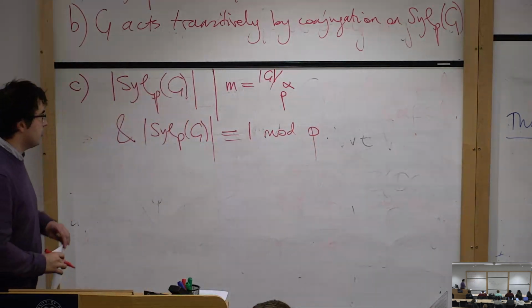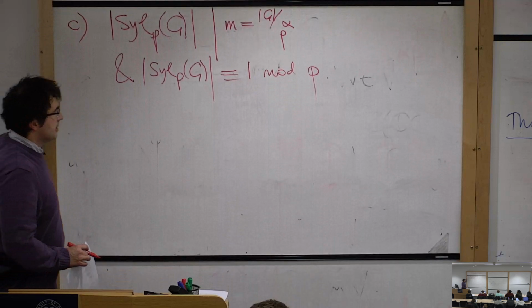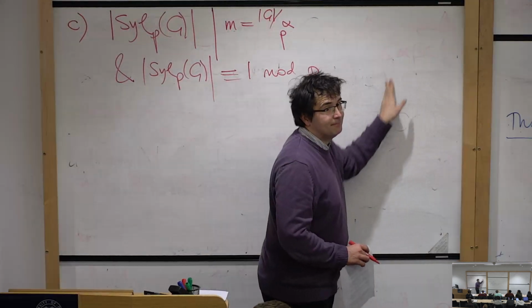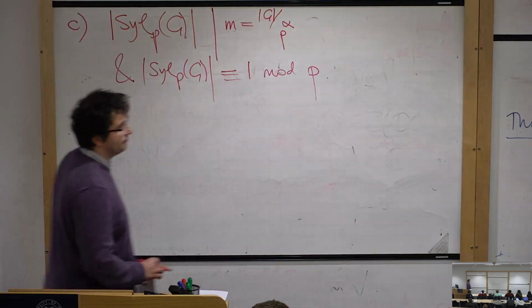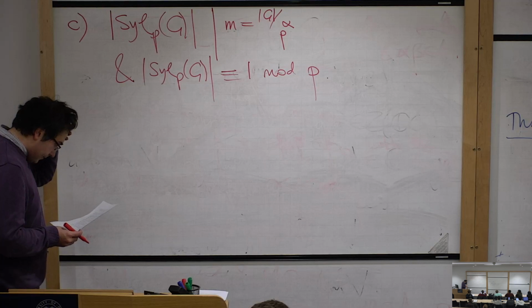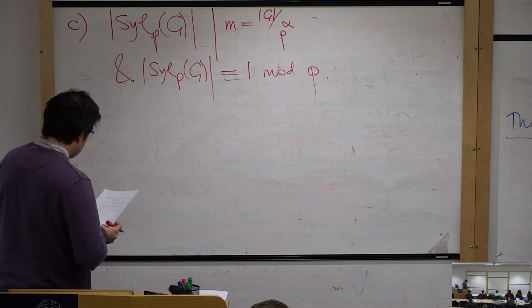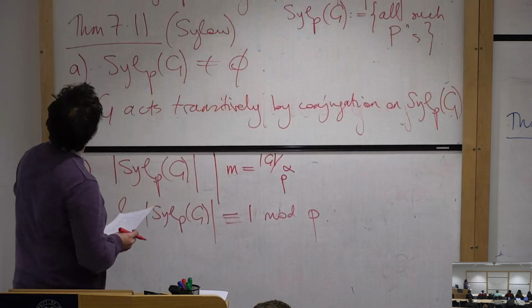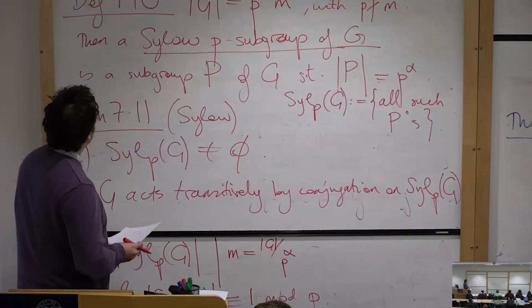That follows from a lemma about fixed points of actions of a finite p-group, and there's always at least one fixed point. Okay, good. So that's Sylow's theorem. So let's try to attack Burnside.